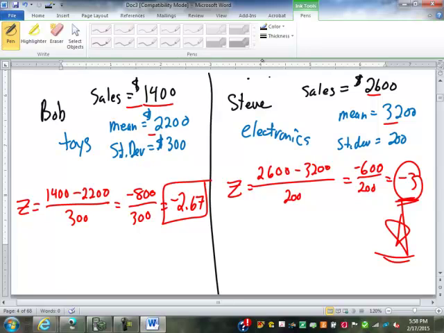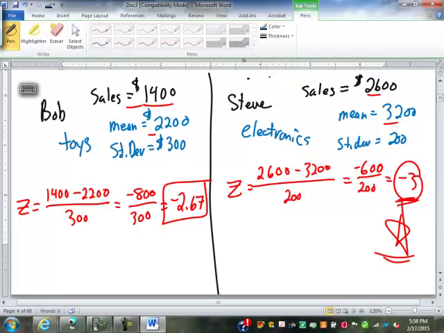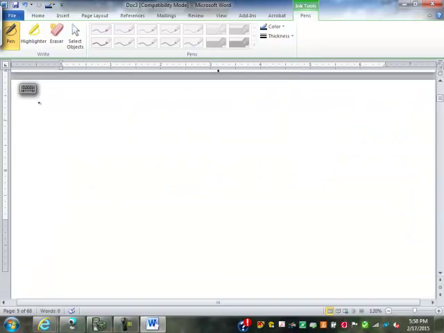Z-scores, like I said, are used to compare between two different sets of data. Things from different sets of data that can't naturally be compared can be compared using z-scores. If you're just looking at a single population, a single set of data, it is what we call a measure of position.